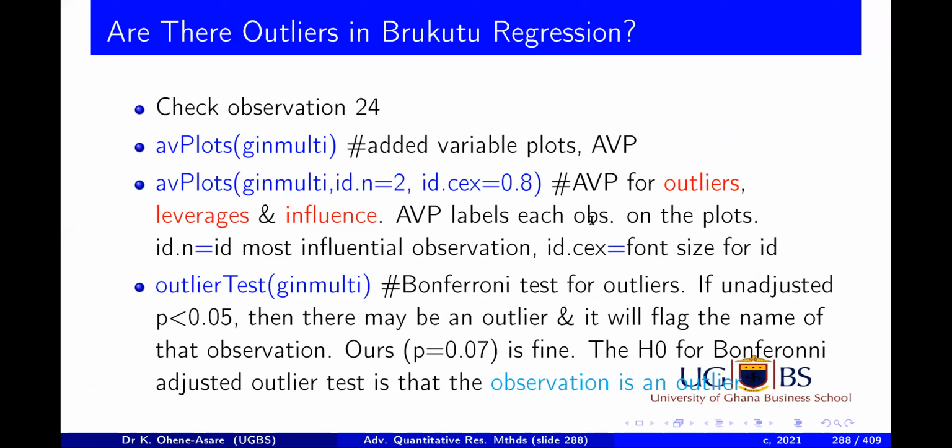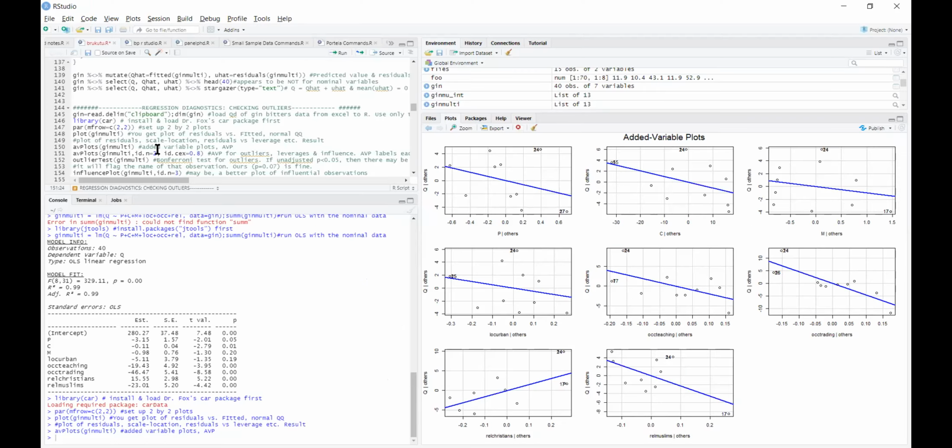It will label each observation on the plot, and then it will ID the most influential observations. And it will tell you the font size for the ID, which we will use in the graph. So let's run that command and see what will happen.